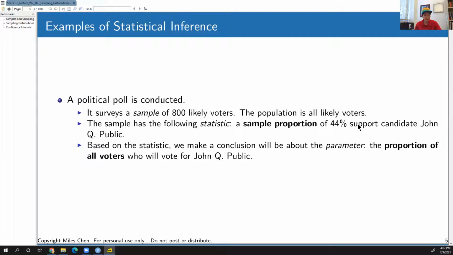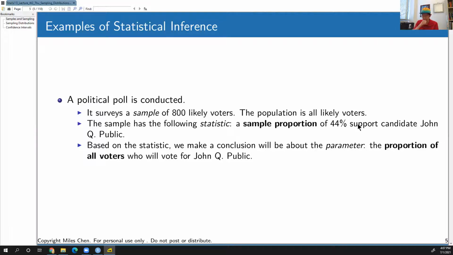So our polling institute was able to survey 800 people. And let's say the sample ends up with a sample proportion of say 44%, 44% support candidate John Q. Public, whoever we're talking about, right?